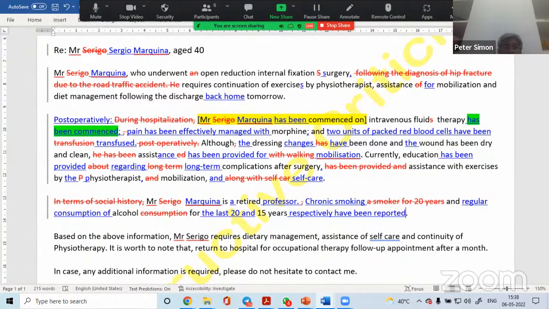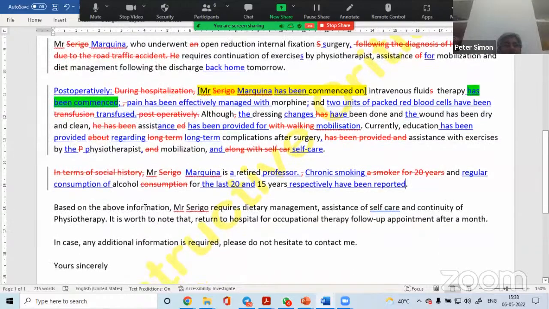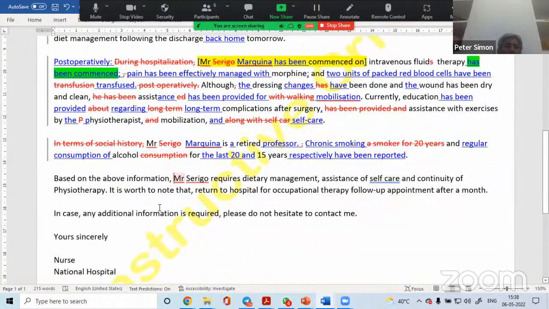Right. My God. Based on the above information, Mr. Sergio, no. Don't write the name again and again. No need. Many people write it because they don't know. Many people teach that because they're least bothered about your quality. That's why they tell you to write in every line.